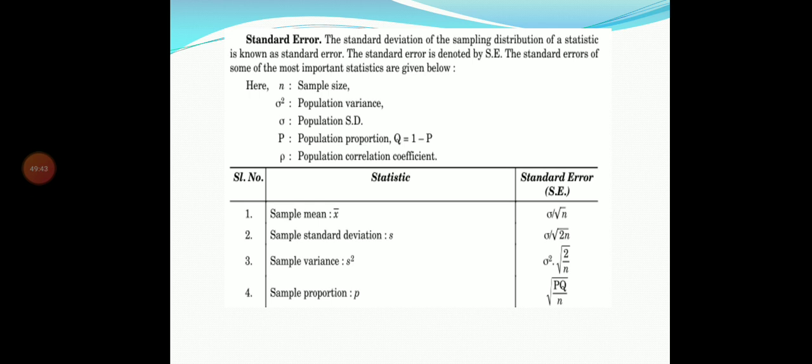For the sample variance s squared, the standard error is sigma squared into root 2 by n. If the statistic is the sample proportion small p, then the standard error is square root of pq by n. So this is the definition of standard error, and these are some of the standard errors of statistics. Hope these are some of the key definitions which we use in sampling techniques. Thank you.